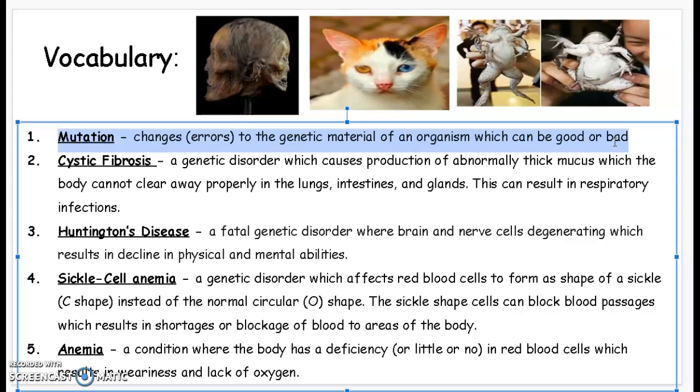For example, with sickle cell anemia, if you have this disorder, yes, it's bad, but if you're a carrier, you actually have a better chance of surviving malaria. And so a mutation can be good or bad. My takeaway message is mutation. It is a change to the DNA. Just a random change.